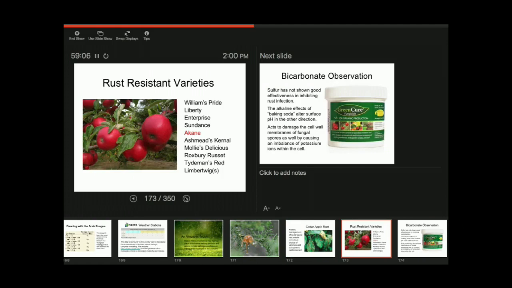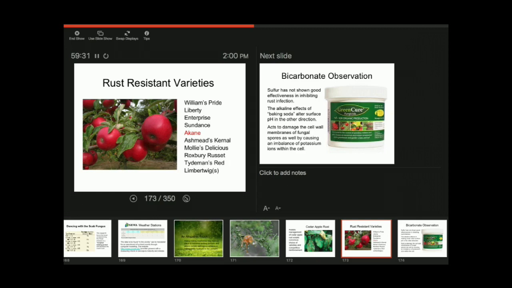So one approach to rust is to plant varieties that are resistant to rust. In a little bit, I'll be talking about scab immune cultivars that were developed at Purdue, Rutgers, and I think it's Illinois, or is it Indiana? I'm not sure. But if in the name you see a PRI in a row, that is Purdue, Rutgers, Illinois universities.